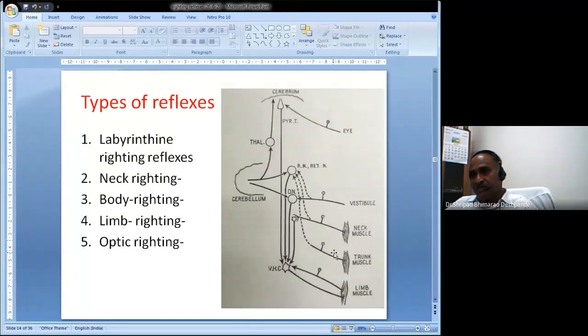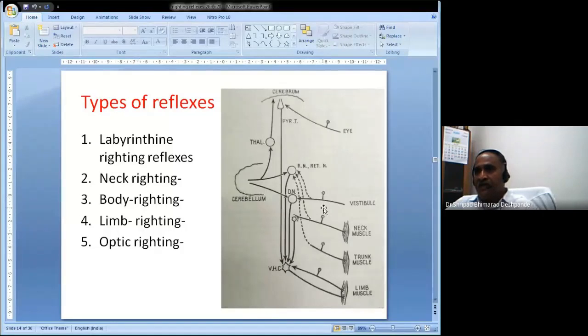Similarly, the trunk muscles and the limb muscles. So these are all three components. They are represented here. So this is at the segmental level, this is at the medulla, this is hindbrain, this is midbrain, and this is cortex.